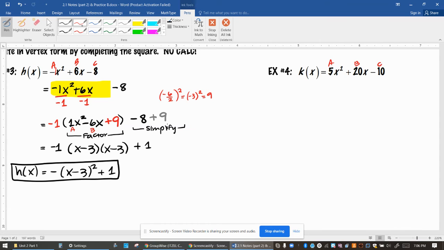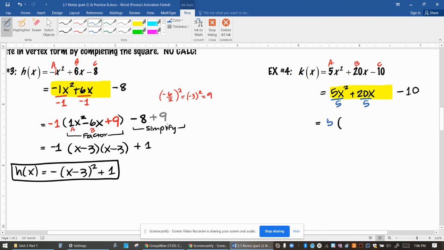So again, when you're doing these problems and the leading coefficient is not a 1, you are going to need to factor out the value of a to obtain a leading coefficient of 1. But you only divide the first two terms because the constant term is already pushed to the side.